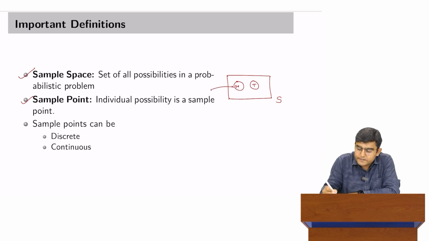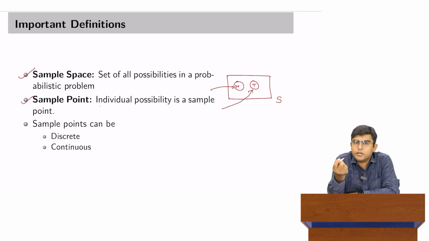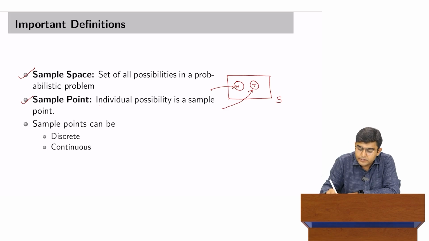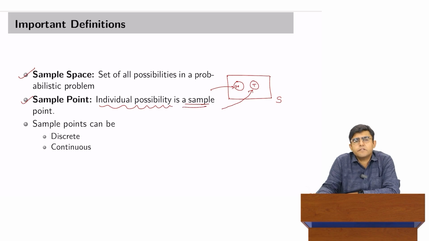These two events are also sample points because head is one possible outcome, tail is one possible outcome, and these are two individual possibilities within a sample space that we sometimes call sample point. Now, this sample point can be discrete.